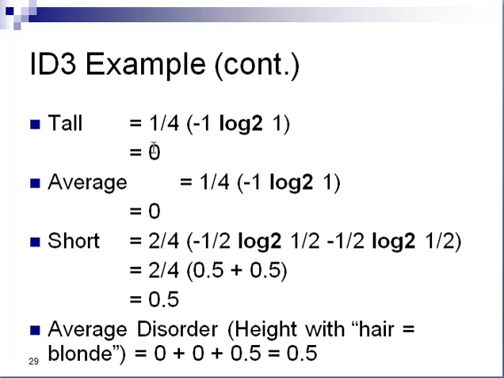For tall it comes out to be 0, for average it comes out to be 0, and for short it is 0.5. To calculate the total average disorder we add all of these, and you will see that the total average disorder comes out to be 0.5.